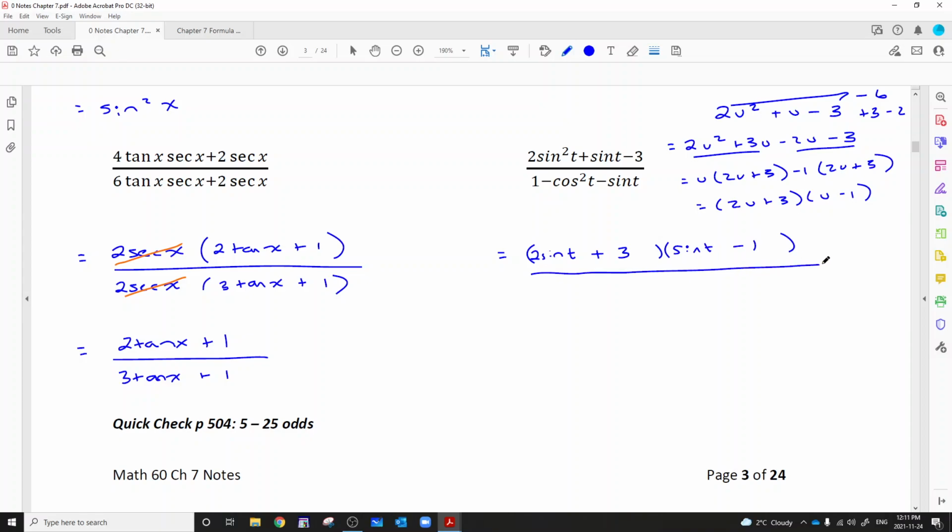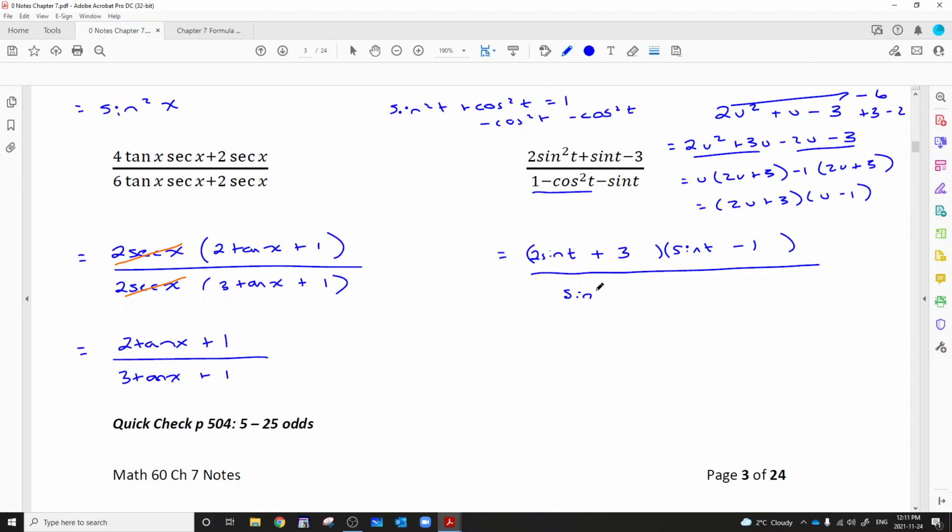All right, well, what about the bottom? Well, in the bottom, I have a 1 minus cos squared t, a Pythagorean identity, right? Sine squared t plus cos squared t equals 1. So if I were to subtract cos squared t from both sides, I would end up with 1 minus cos squared t equals sine squared t.